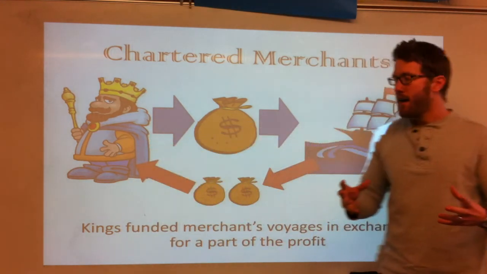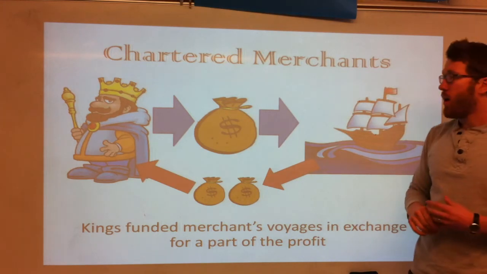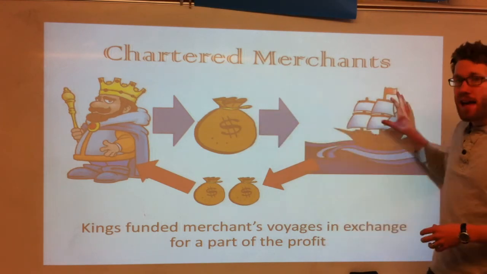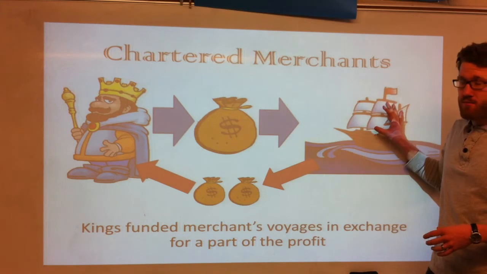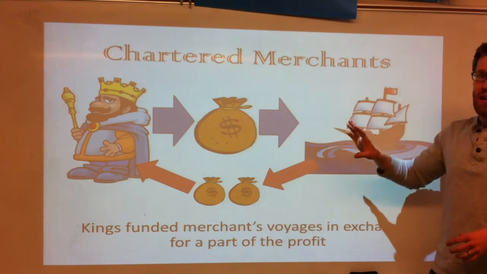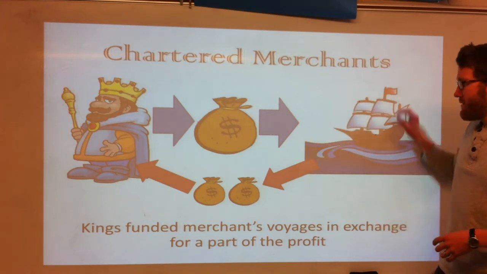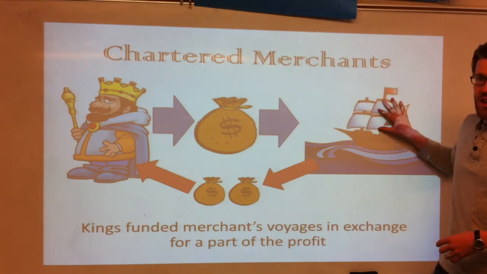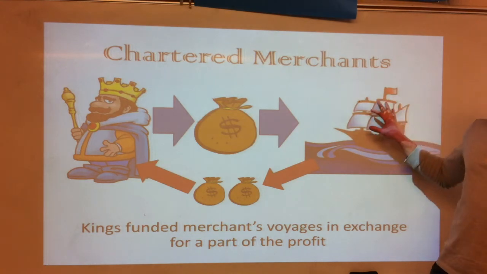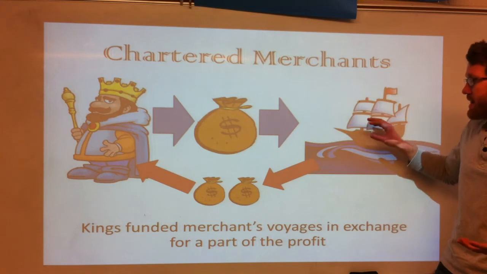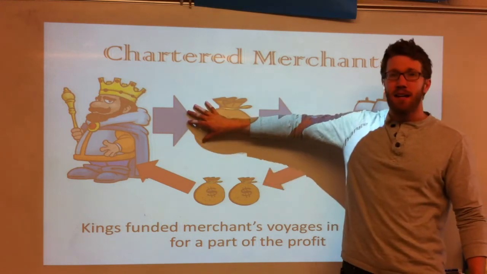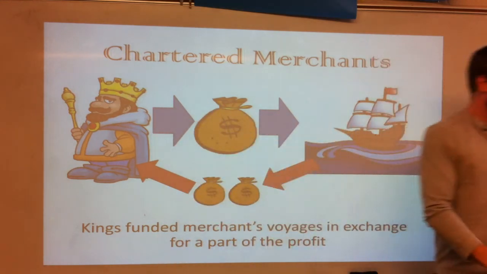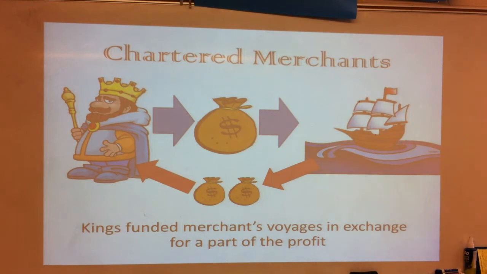Whatever profit they made selling the goods that they had acquired, because the king paid for the business. Now, this is great for the king, but it also could be bad because if this business, this merchant, if he wrecks his ship or if he's captured by pirates, then all the king's money is lost and the king loses out. So what they did is they created this joint stock company.